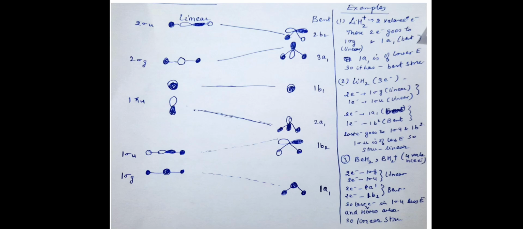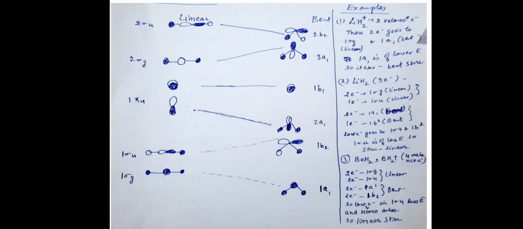Now if you have 8 electrons, 2 electrons go to the lowest, 1 sigma g, then again 2 electrons go to the 1 sigma u, then the third pair of 2 electrons goes to 1 pi u, so 6 electrons have gone.